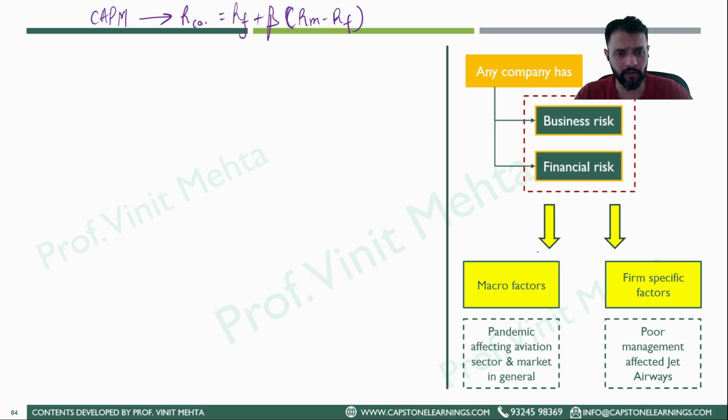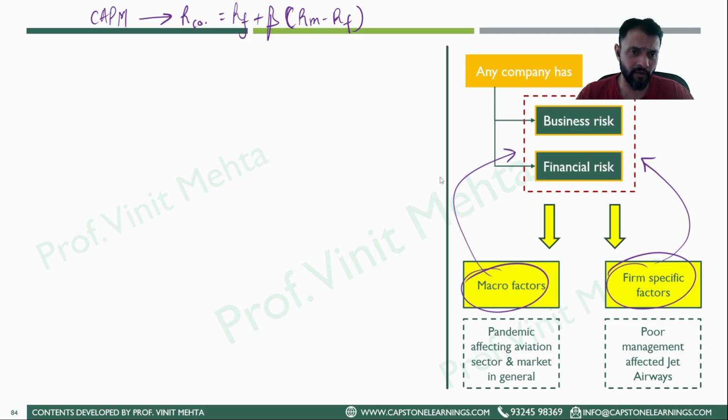Both of these risks can get affected by firm-specific factors and also by macro factors. A company's sales will get affected because of the company's poor decision, but they can also get affected because of a recession. So the risk looms any which way. Systematic risk is trying to capture the macro factors affecting the company's business and financial risk.